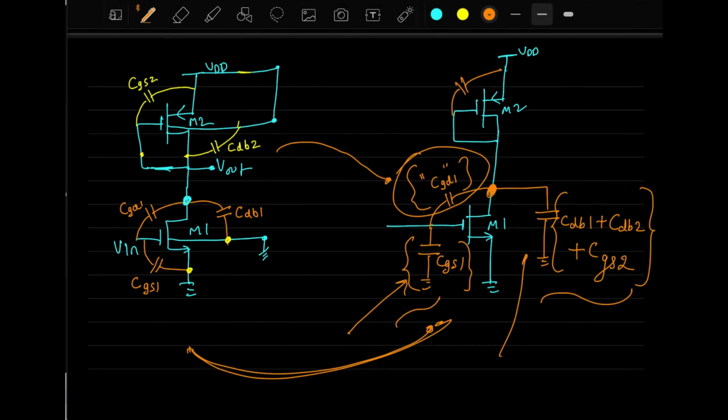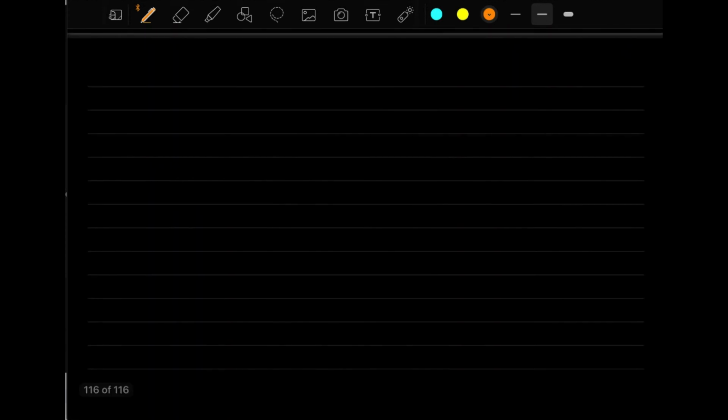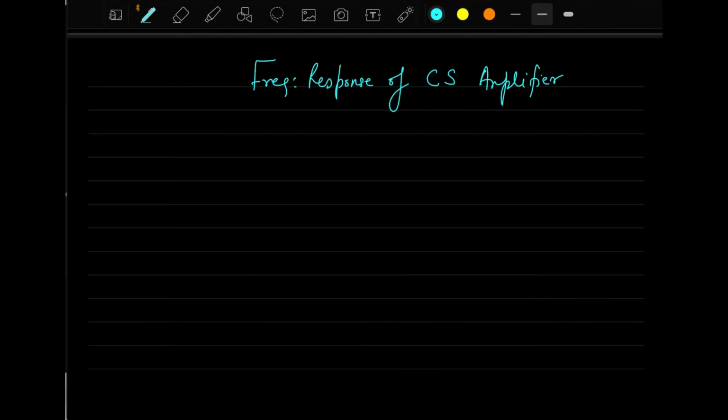Now we will understand the frequency response of the common source amplifier. Earlier, prior to our first sem exam, what we did was the midband gain of the common source amplifier.